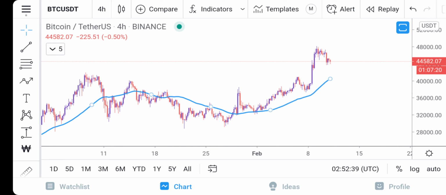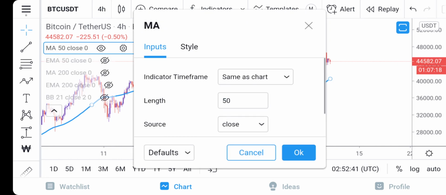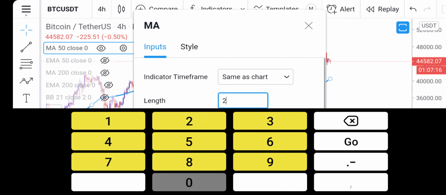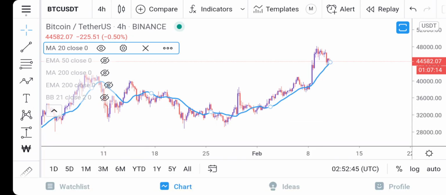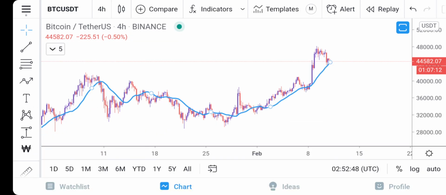So let me add a 20 period moving average. You can see the price is respecting the 20 period moving average better, and currently it is at the 20 period moving average support over here.